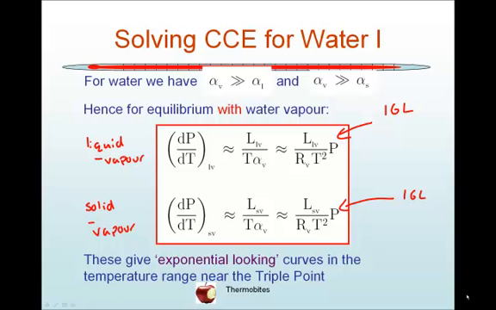Well, if we take the pressure on the right hand side and take it over to the left hand side of the equation, you'll have dP on P, which can be rewritten as d log P, and when integrated gives you log P, and then you can take the natural exponent on both sides, and you get P is equal to an exponential function of 1 on T. So both of these will look exponential like, and you'll see that in another video.